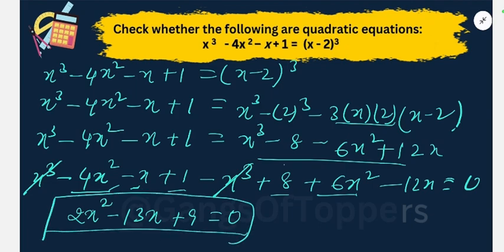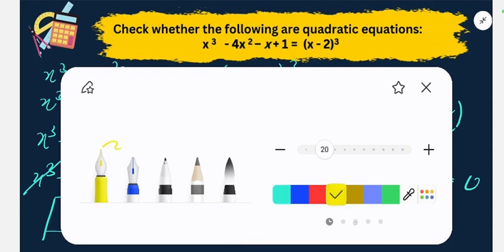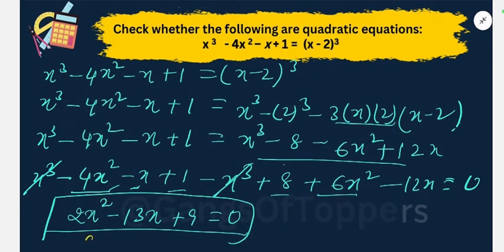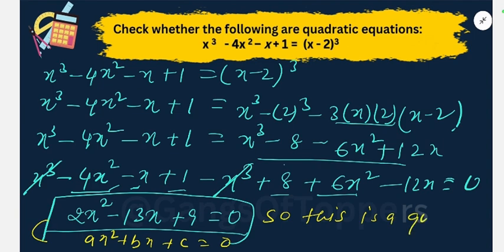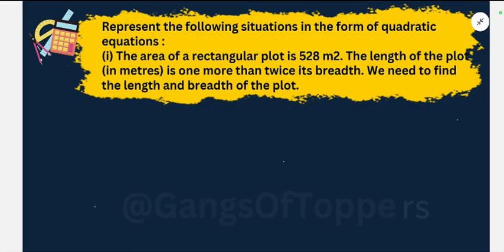And if we compare this equation with our quadratic equation, that is ax square plus bx plus c equals 0, this matches with the general equation, and so this is a quadratic equation.